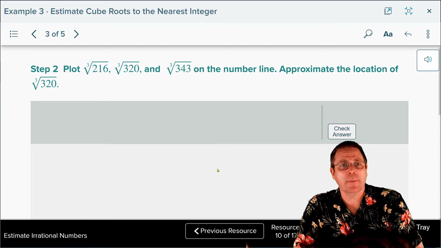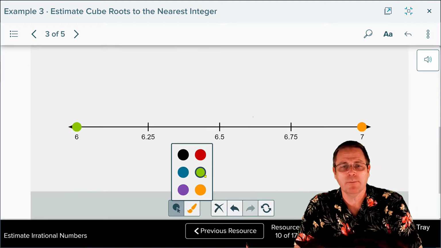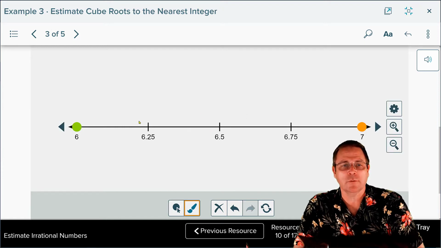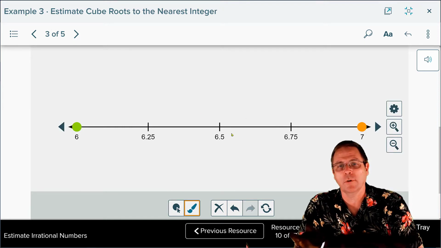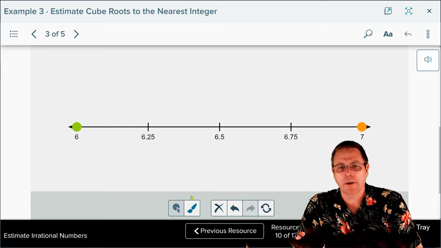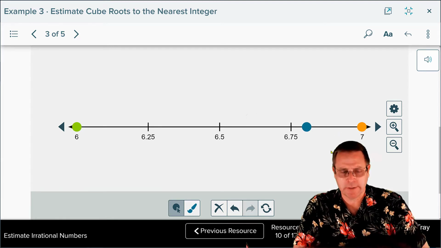So we're talking about a difference of about a 4 out of 5 ratio, I'm thinking. So I'm going to put my last point 4/5 of the way. That's 3/4 right here, and 4/5 would actually land it about right there. So somewhere around there is what I'm thinking it's going to be.